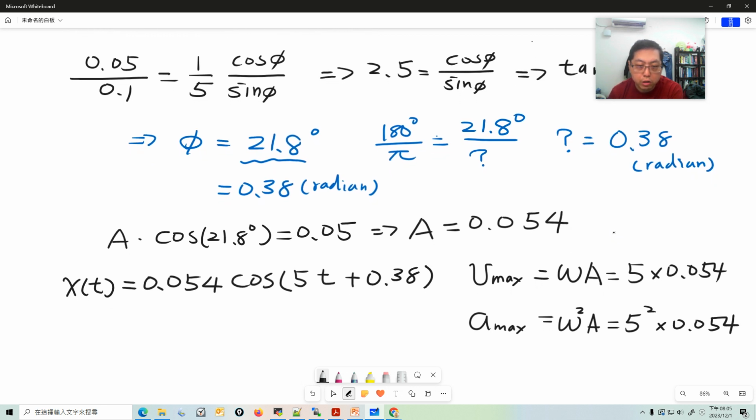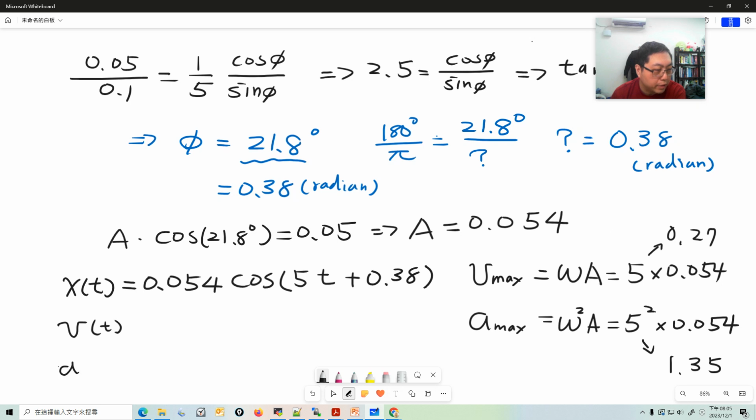Maybe I draw here. 5 times 0.054 is 0.27, and times 5 is 1.35. And finally, what are the velocity function and acceleration function?